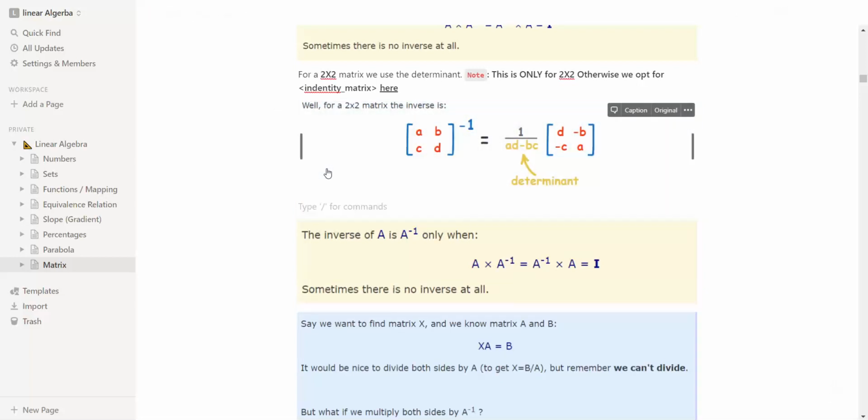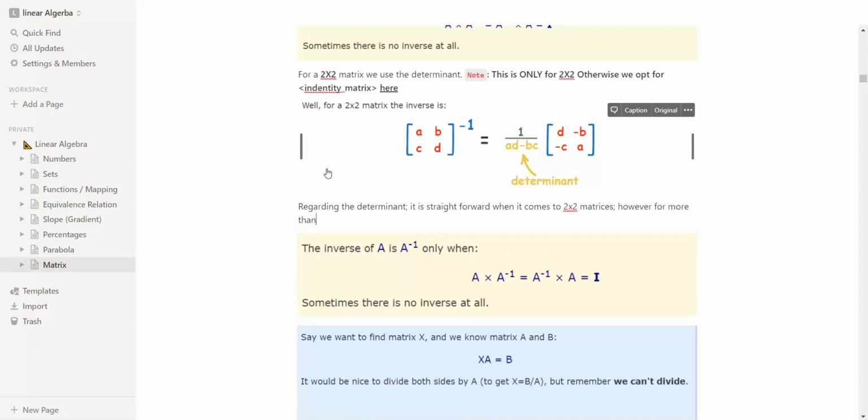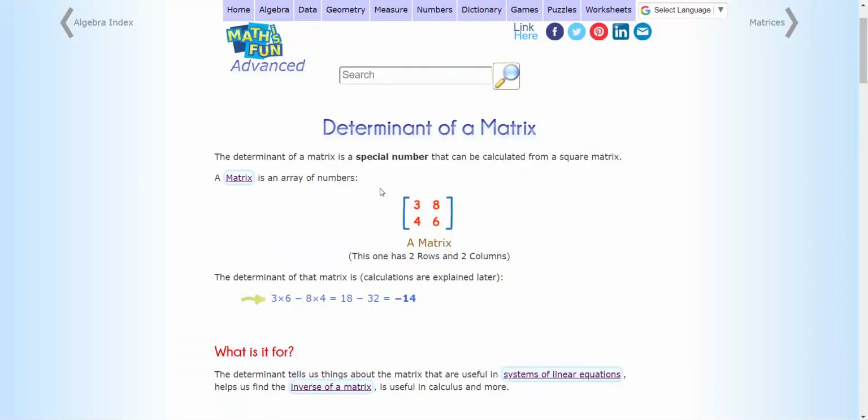We do things a bit differently. So let's explore what the determinant of a matrix is all about.